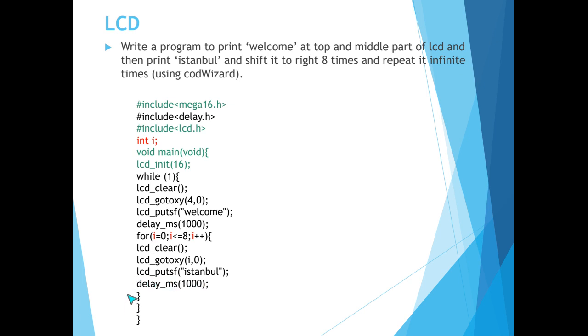As you see in the code, one of the curly braces is related to void main, the other one is related to the infinite unconditional while, and the last curly brace is related to the for statement. All of them should be closed.